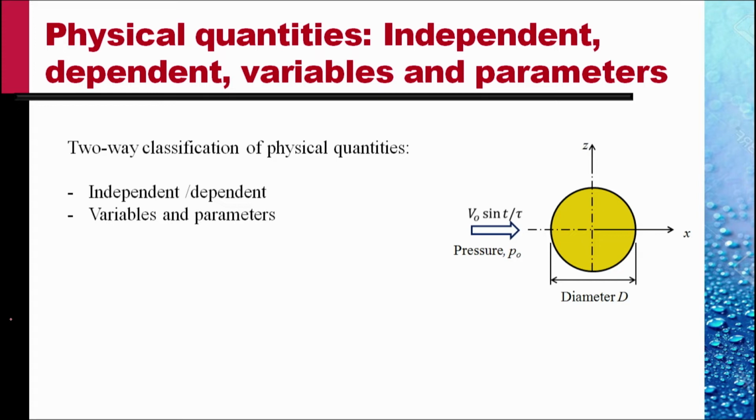While the parameters are those values which are fixed for a given experiment and do not change from point to point or from one instant to another. They are invariant for a given experiment.